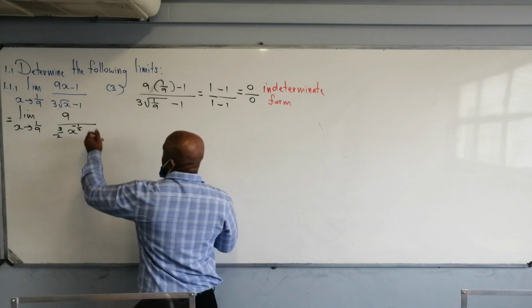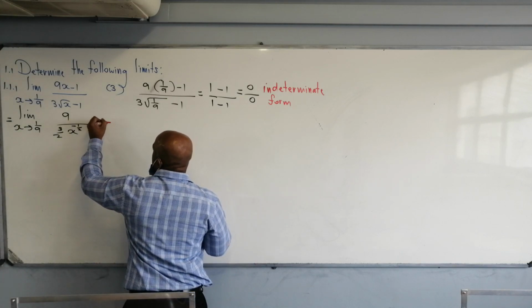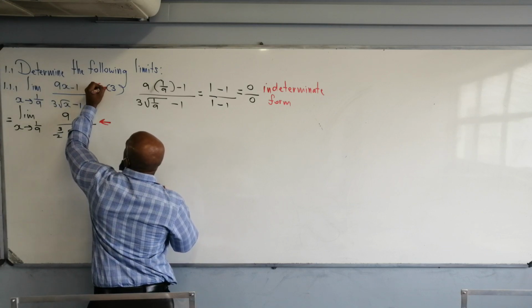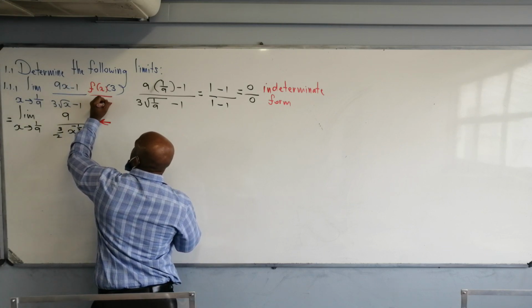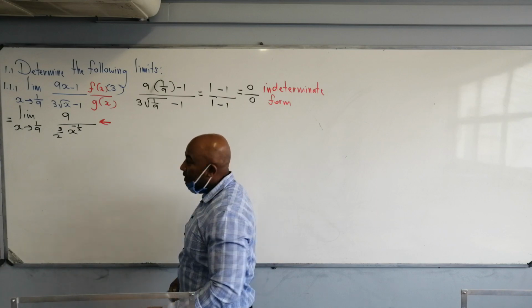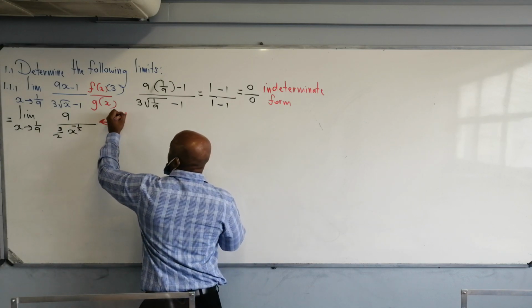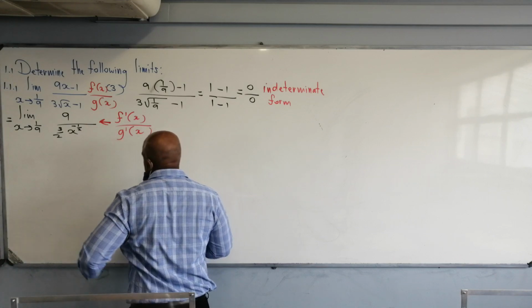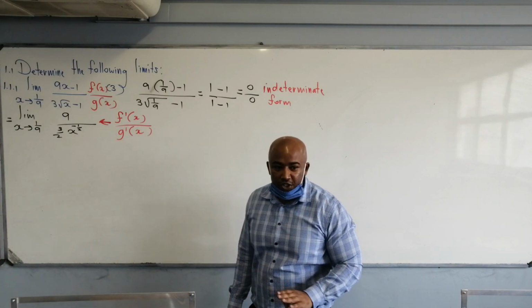So what happened here? We need to indicate that you differentiated. Remember, we are calling this f of x, call the denominator g of x. So when we differentiated, we found f prime x and we found g prime x. This is not the quotient rule.